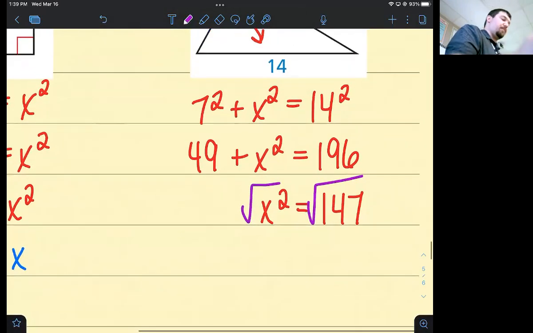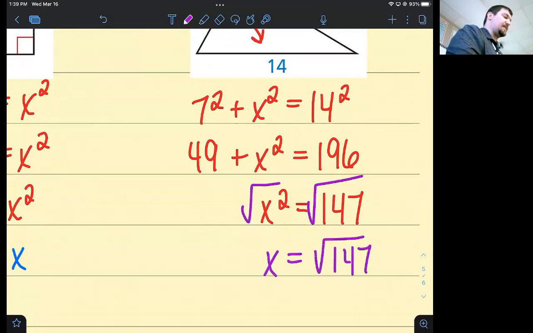All of that is the same as yesterday, except now, instead of square rooting both sides and getting a number rounded to the nearest tenth, we're just going to write x is equal to the square root of 147 and see if we can simplify it. Is there a perfect square that goes into 147? By the way, it is possible that a square root doesn't simplify. Fractions don't all simplify, right?